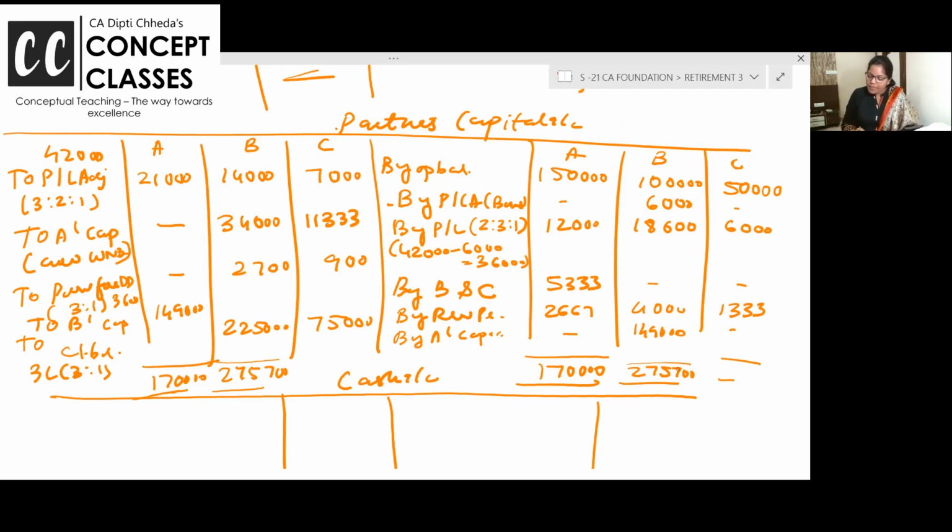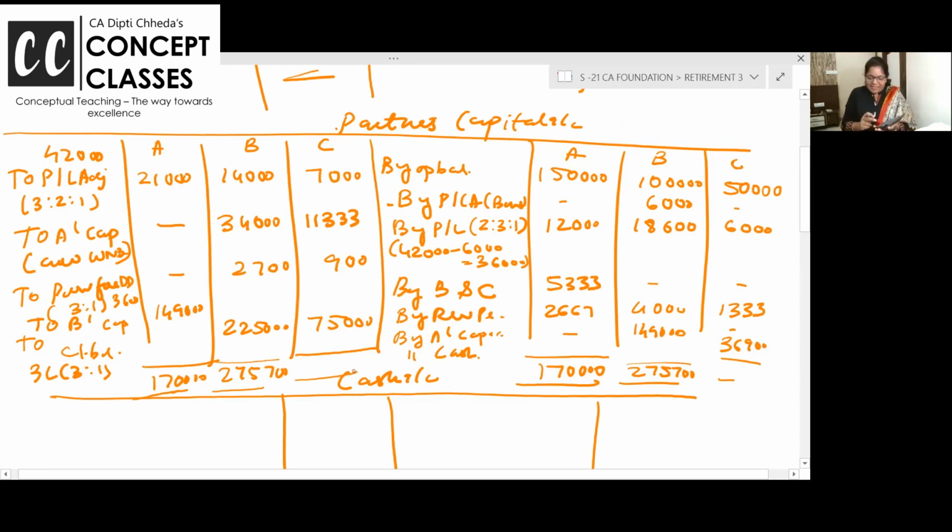And how much is coming here? 75,000 plus 900 plus 11,333 plus 7,000 minus 50,000 minus 6,000 minus 133 is 36,900. C should get in cash. Do it once again.